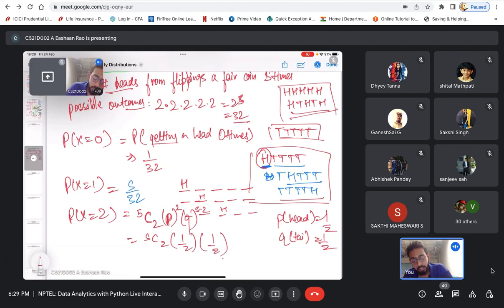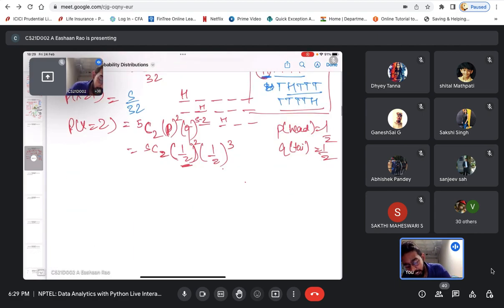Now in this binomial combination, we are saying that the success, the rate of success of 1 by 2, that head in this case will be 2 times, and the failure will be 3 times here, that is 5 minus 2 equals 3. So if you have to write it down in a manual way, we can say like this.